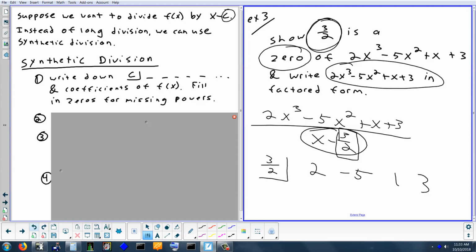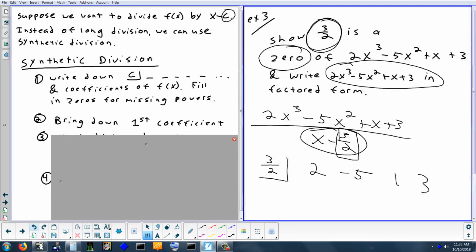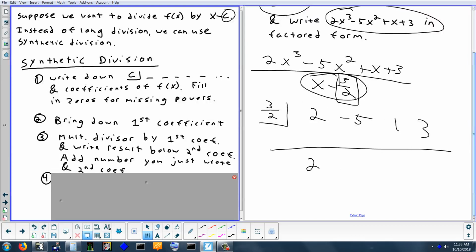Okay. So now, bring down the first term. So just kind of make a line. We need a little more space, but not a lot. So bring down the first term.